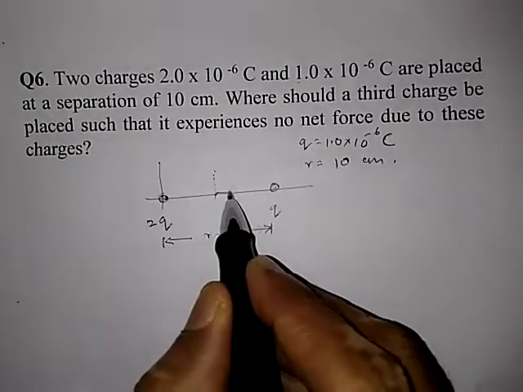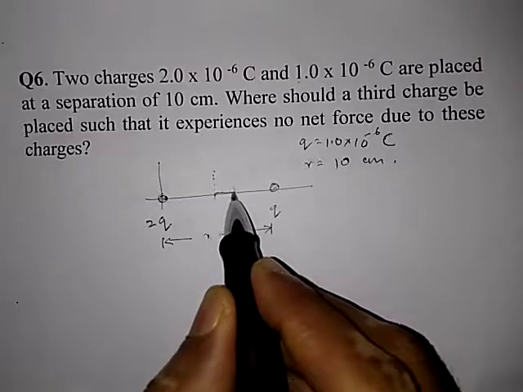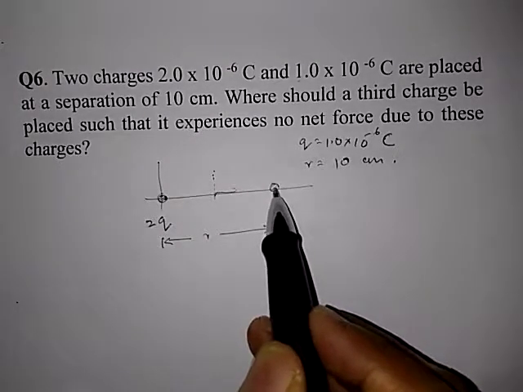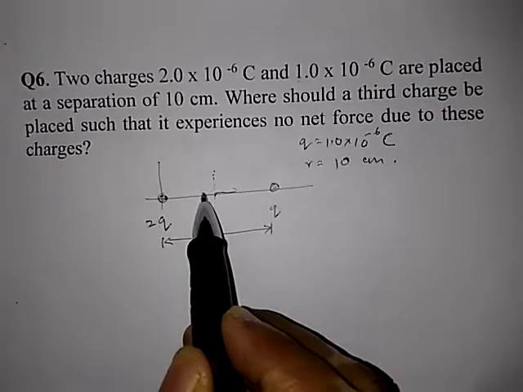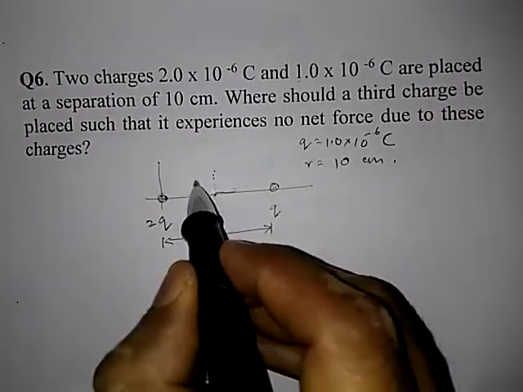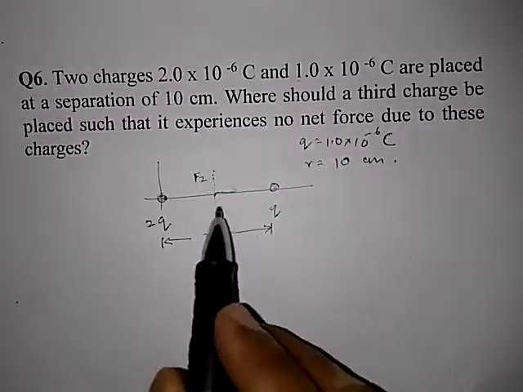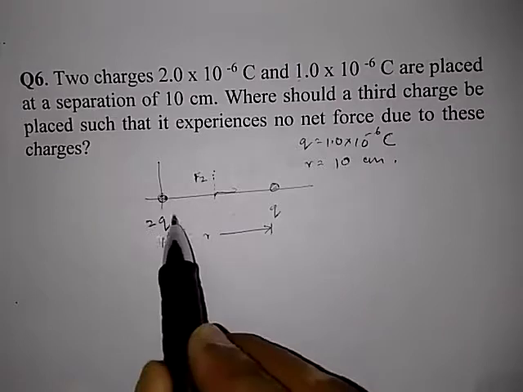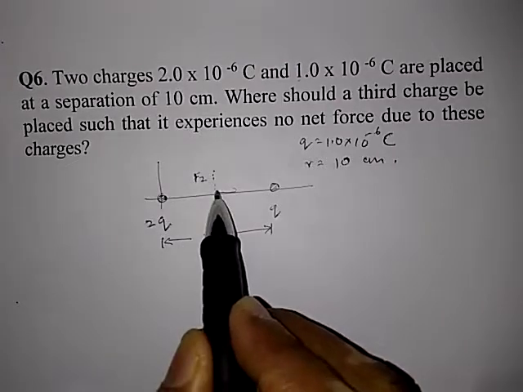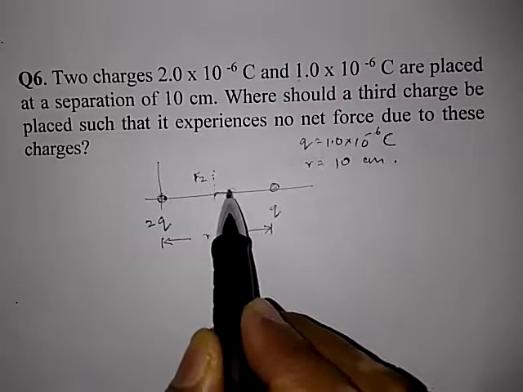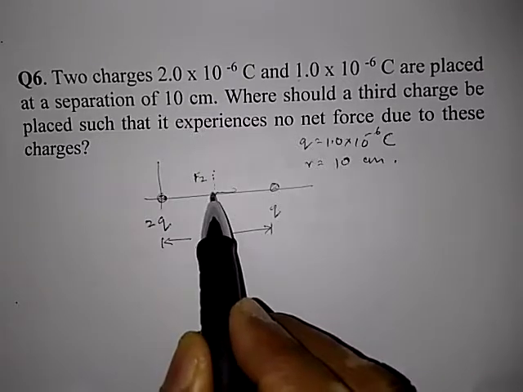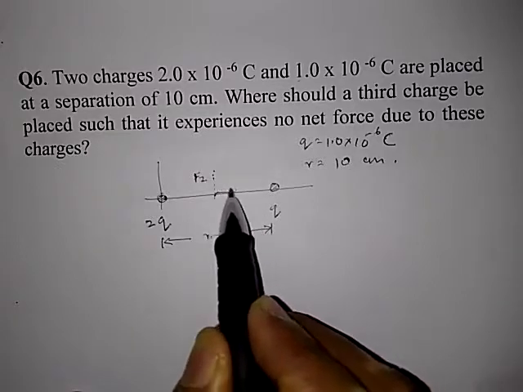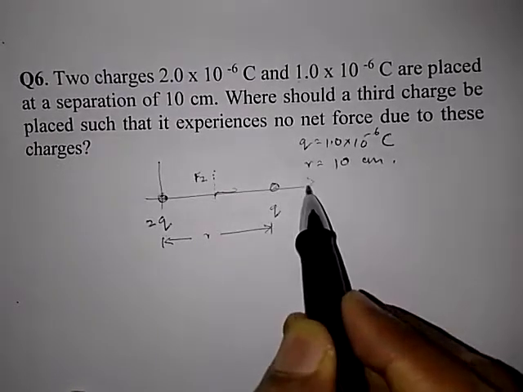Let's call it F1, in this direction, and due to the q charge there will be a force in the opposite direction, let's call it F2. Because the 2q charge is higher in quantity, F1 will be higher than the force due to the other charge. So if you place it right at the center, it will experience a net force toward the positive x-axis.